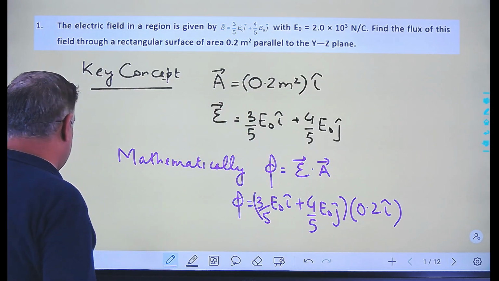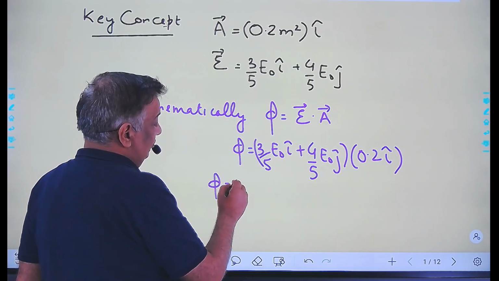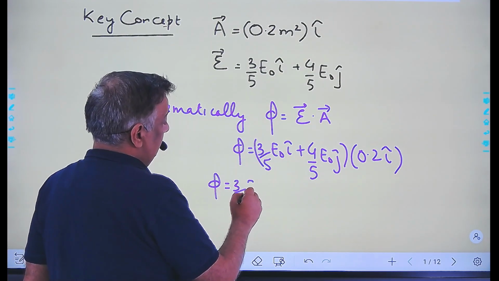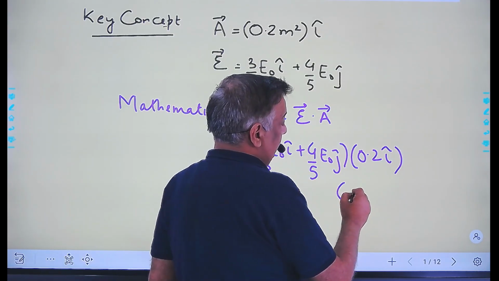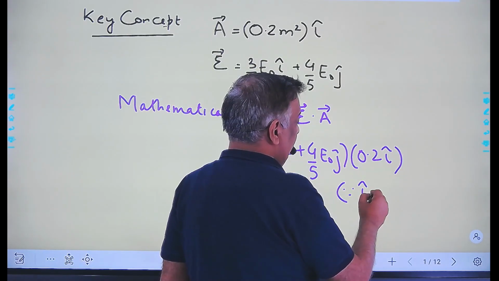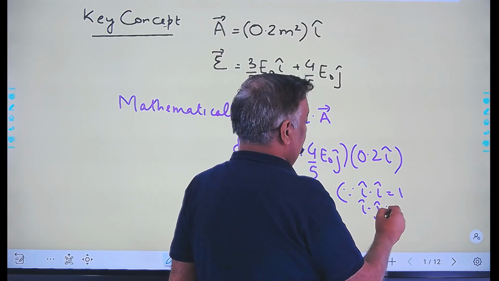I dot J is 0. So flux comes out to be, because I dot I is 1 and I dot J is 0.